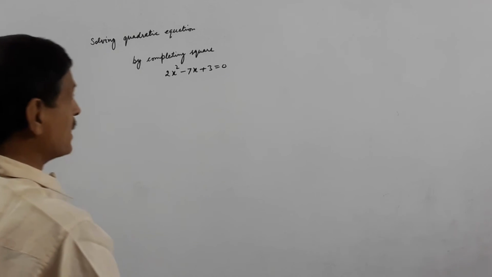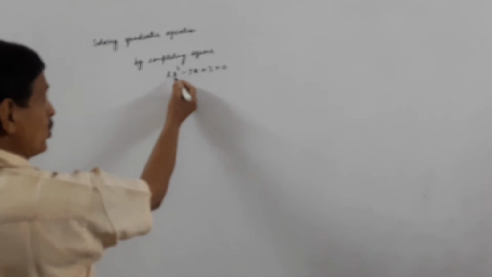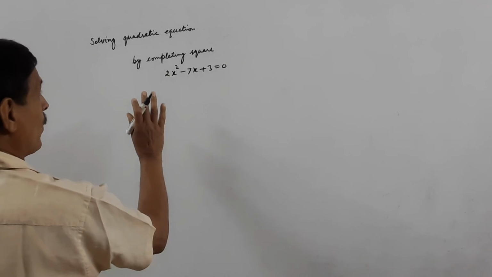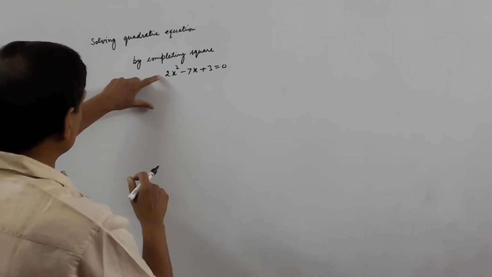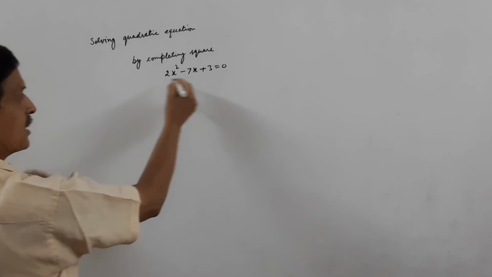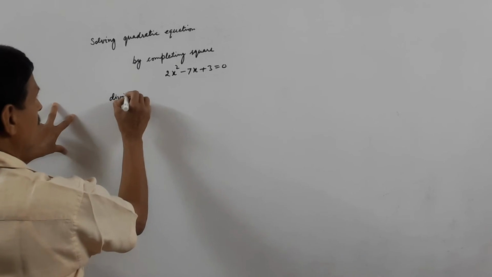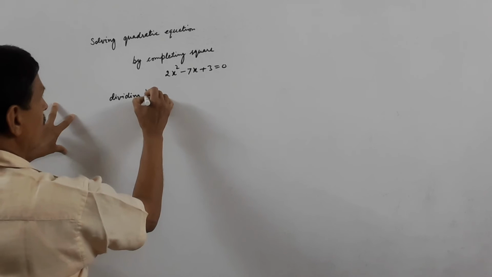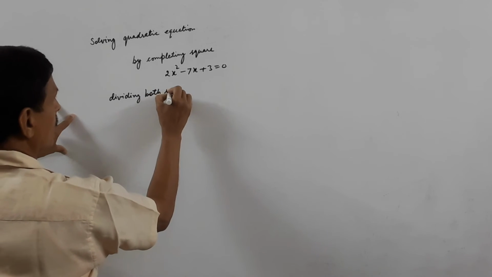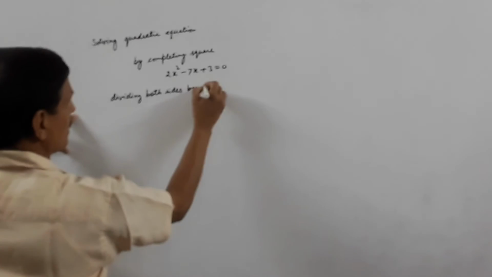But if it is other than 1, we reduce the coefficient of x square to 1. So in this case, it is 2. Therefore, we divide both the sides by 2. So dividing both sides by 2.